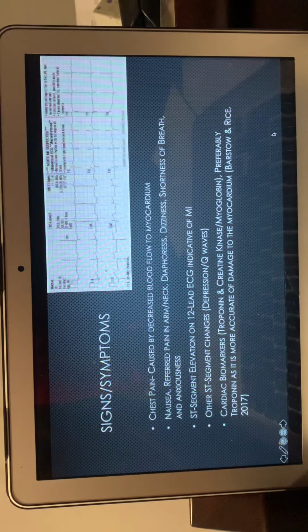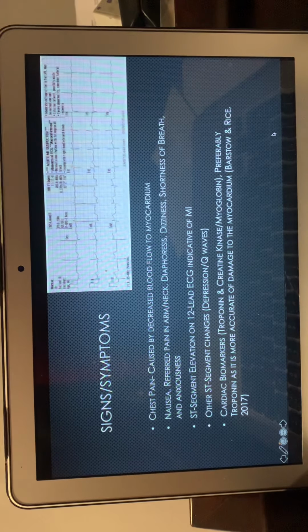So also some other indicative things, cardiac biomarkers such as your troponin, as well as creatine kinase and myoglobin. They do prefer the troponin as it is more accurate of damage to the myocardium, whereas your myoglobin and creatine kinase can also be elevated just due to damage throughout the body and other muscles, whereas your troponin is extremely accurate and indicative of damage to the myocardium of some sort.